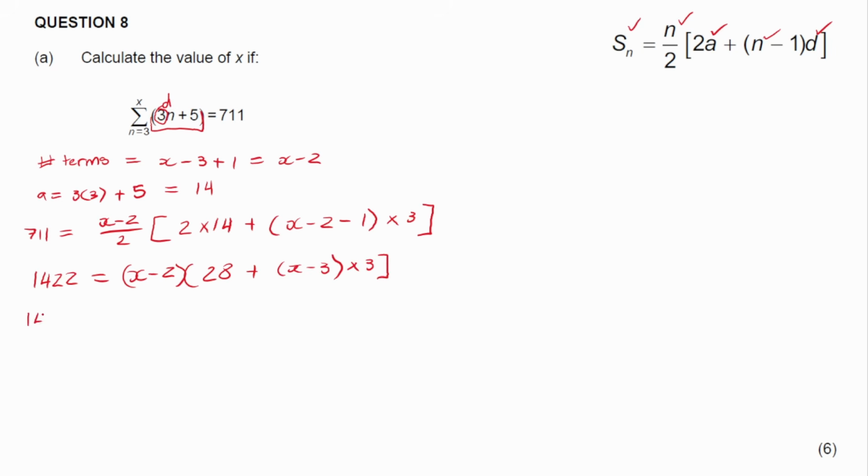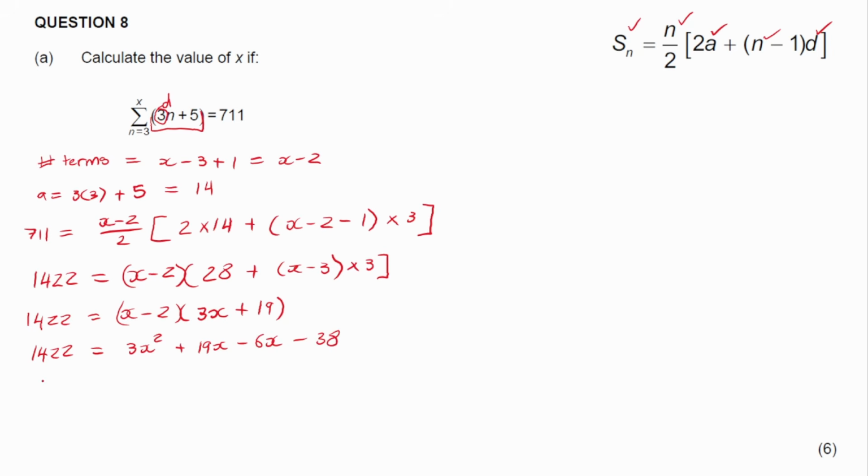And if we keep working with this on the right, what we'll get is x minus 2, and what we'll get here is 3x, and then 28 minus 9 is 19, positive 19. Okay, so what we need to do is FOIL this out on the right. And when we do that, we're going to get 3x squared plus 19x minus 6x minus 38.